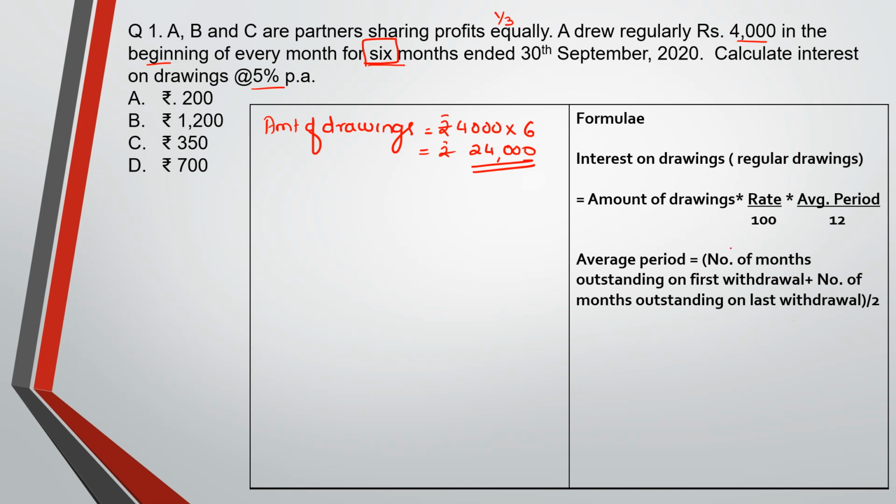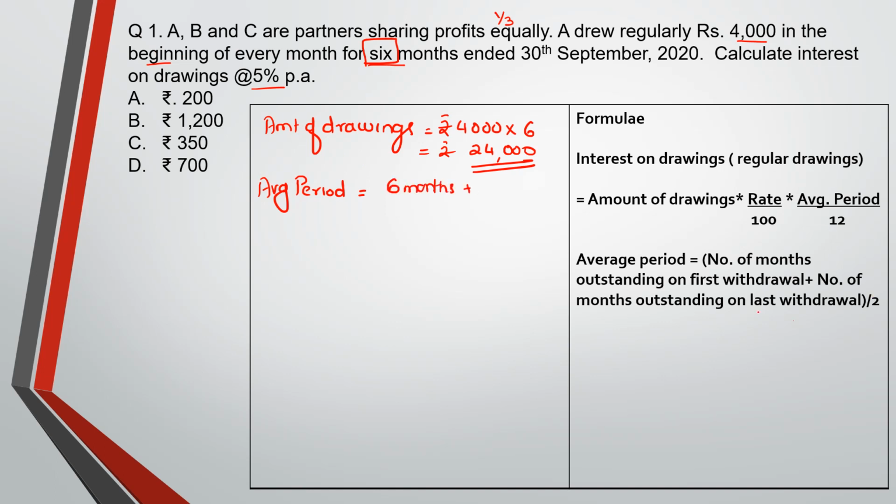Now we know that here the withdrawal has taken place only for 6 months. It's not for the entire 12 months of the year. So when we calculate the average period, the first withdrawal which was made would be outstanding, being at the beginning of the month it has been withdrawn, for totally 6 months.